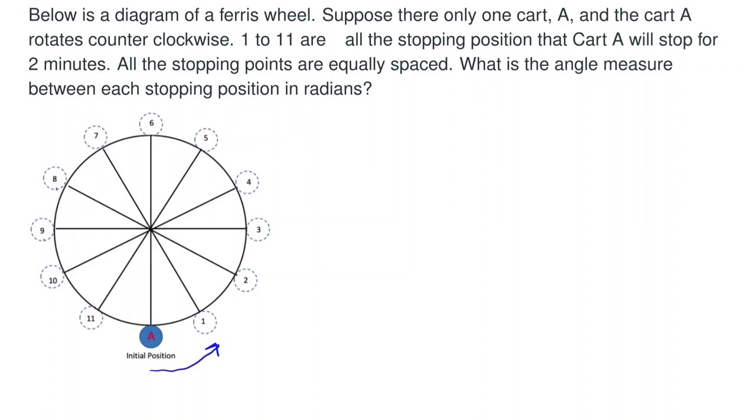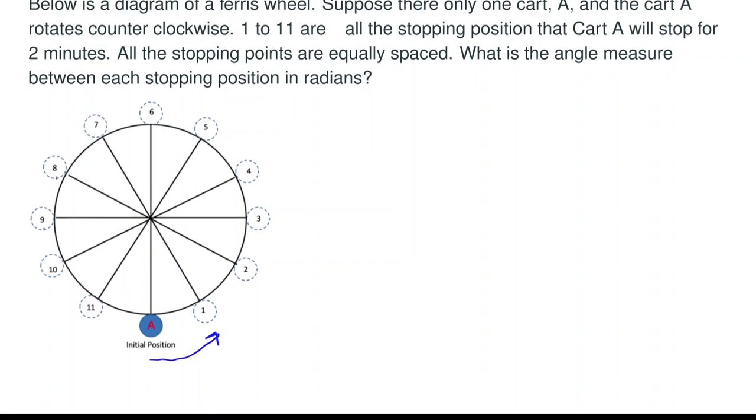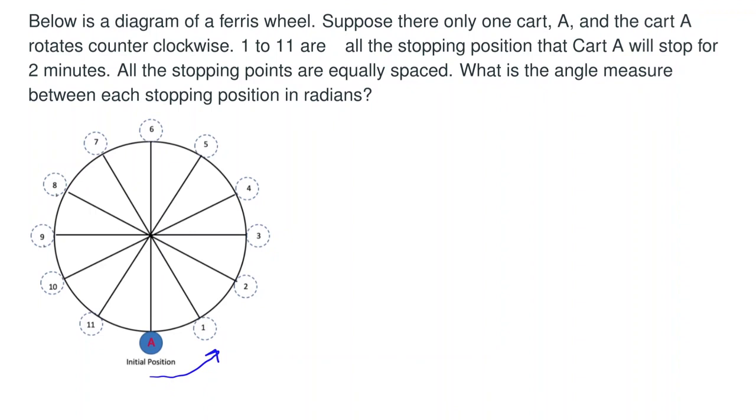So the question is asking, if they are equally spaced, this angle, all these are the same. Or we can also think of it as the same arc length, all these are the same arc length right here. So what is the angle measure between each stopping point? First, how many spaces are there?